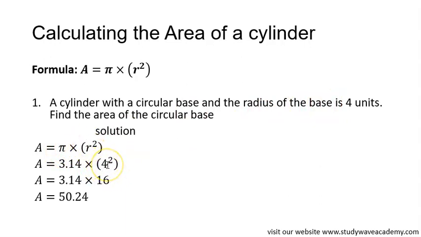You input 4 raised to power 2. So we have area equals 3.14 times 16. How did we get 16? 4 times 4. Because 4 is raised to power 2, it means 4 times 4, right? 4 times 4 is going to give us what? 16. So 3.14 times 16 is going to give us what?